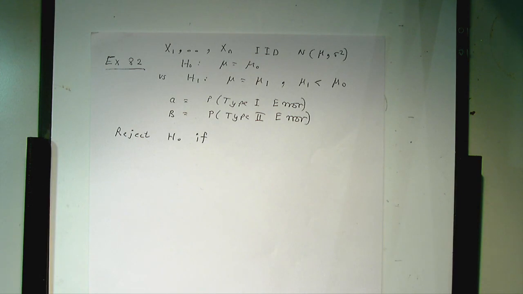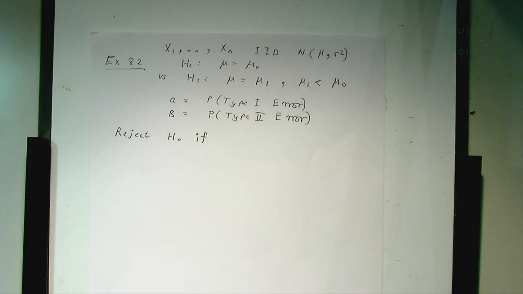The third is where mu is equal to mu 0 versus mu less than mu 0. Now, of the three scenarios, which of these will this one belong to? Come on, it's an easy question, guys.